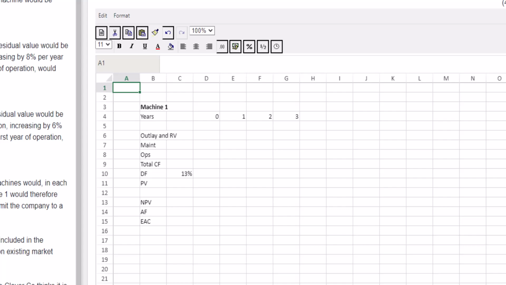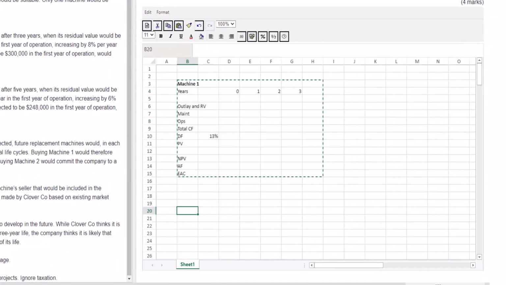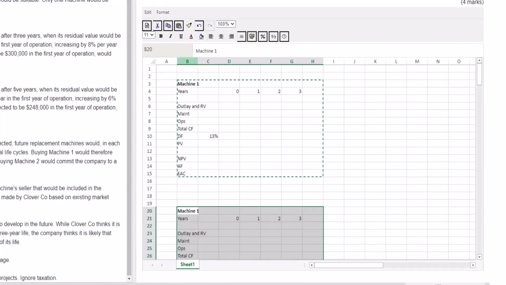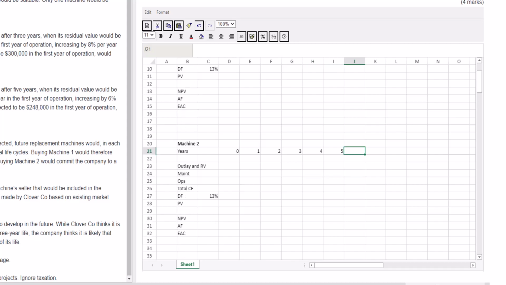You don't need to type this out again for machine 2, just copy it and paste it below, and then just change that to say machine 2 and add 2 more years for years 4 and 5 because this is a 5-year replacement cycle. This will save you time.